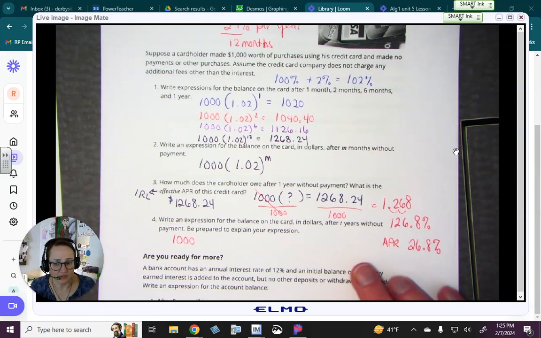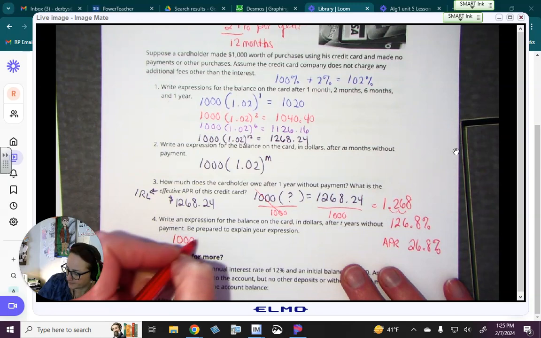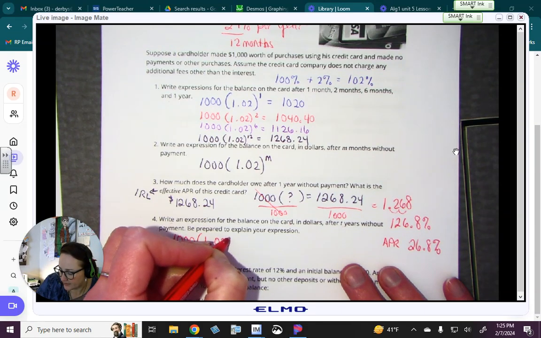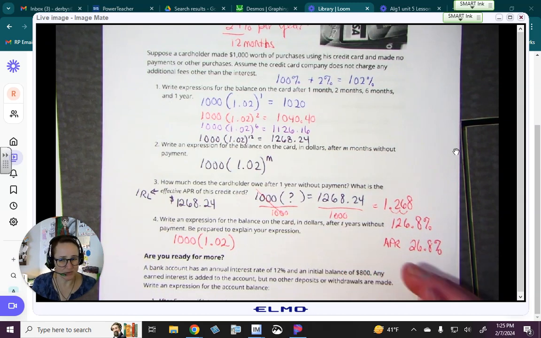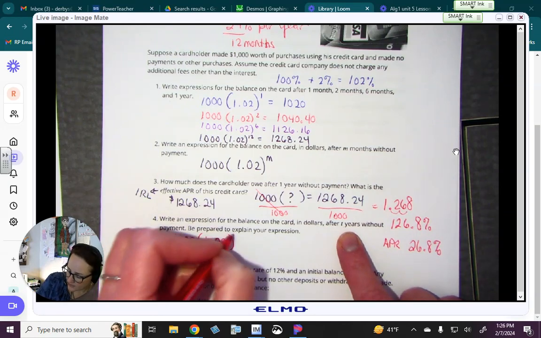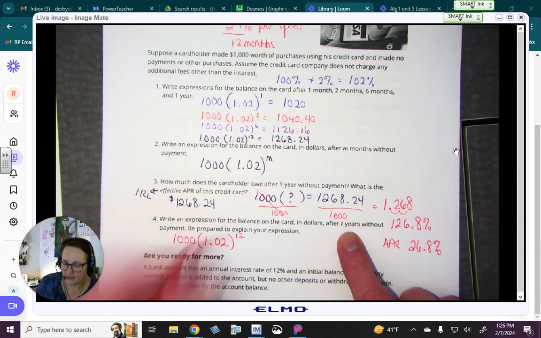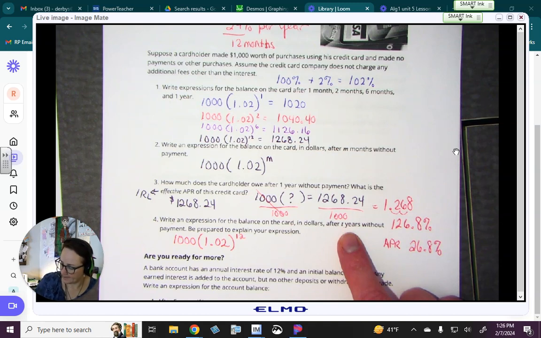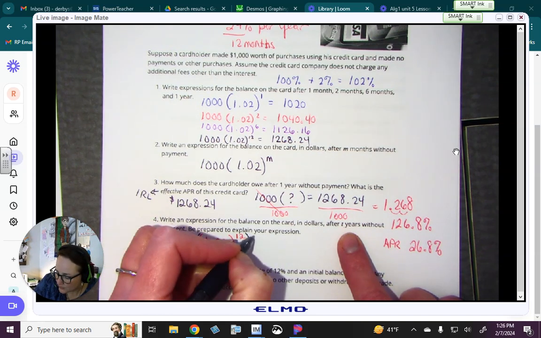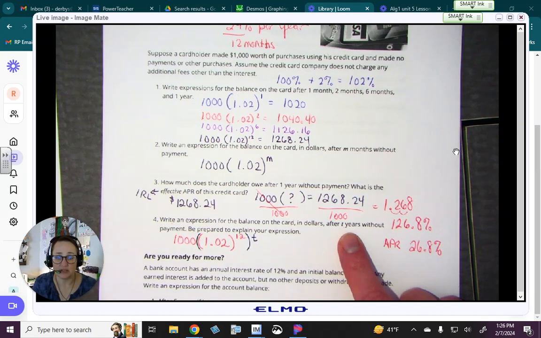Still starting with our $1,000 payment. This 1.02 interest rate that they charge, they do that every month. But if we want to put it in terms of years, we do 12 months in a year, and then we could raise that up to T number of years.